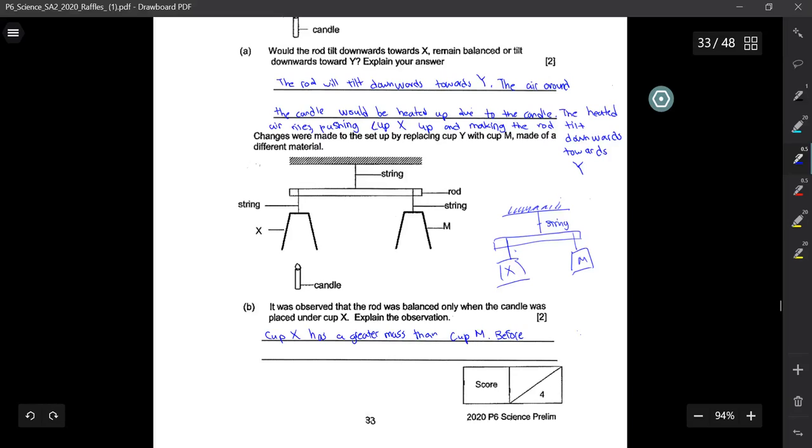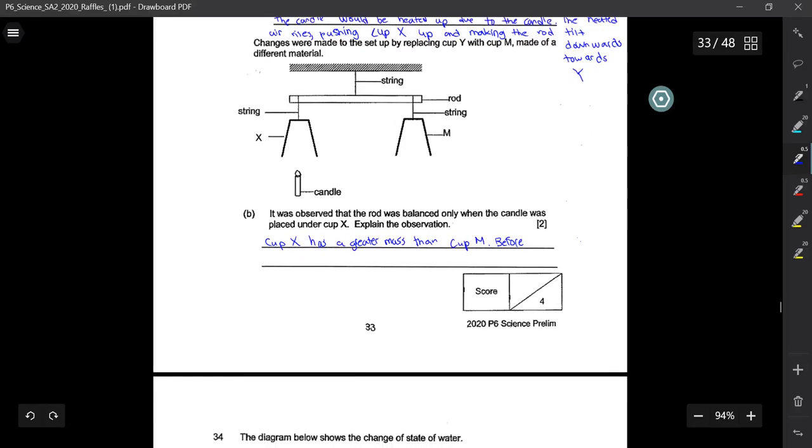So what it would look like before there's a candle here is that it wouldn't be balanced. It would actually be tilted like that, because X would be heavier. Right? And then when you put the candle here, X will go up and it becomes balanced like that. So I'm just going to erase all this. So we write that down.